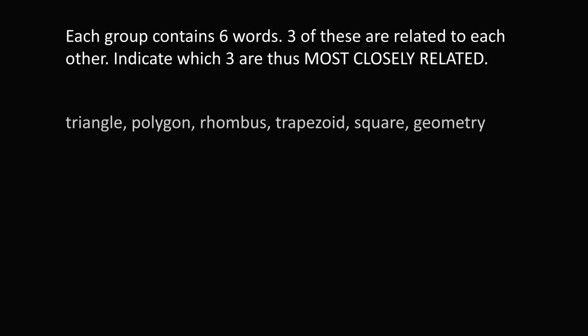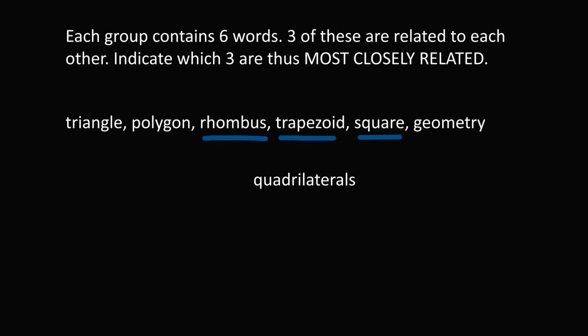Here's another question: triangle, polygon, rhombus, trapezoid, square, and geometry. Arguably, these are all related words, and you could make many different connections. But I believe the correct answer would be rhombus, trapezoid, and square, because these three are examples of quadrilaterals.